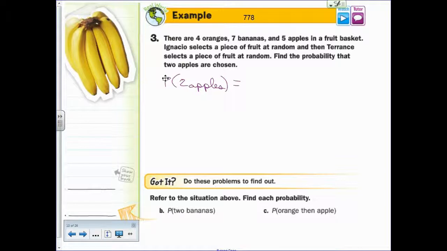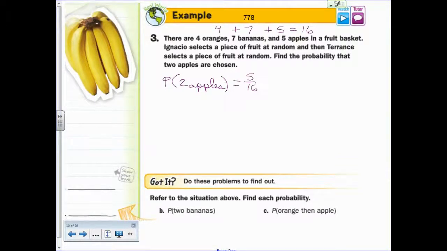Well, there are 5 apples in the fruit basket, and there are a total of 16 pieces of fruit, because 4 plus 7 plus 5 equals 16. So 5 out of 16 are apples.